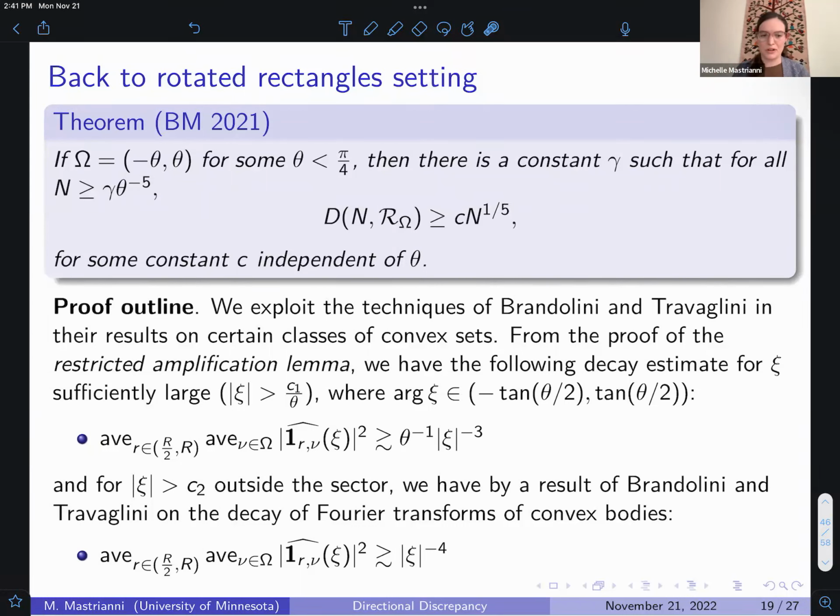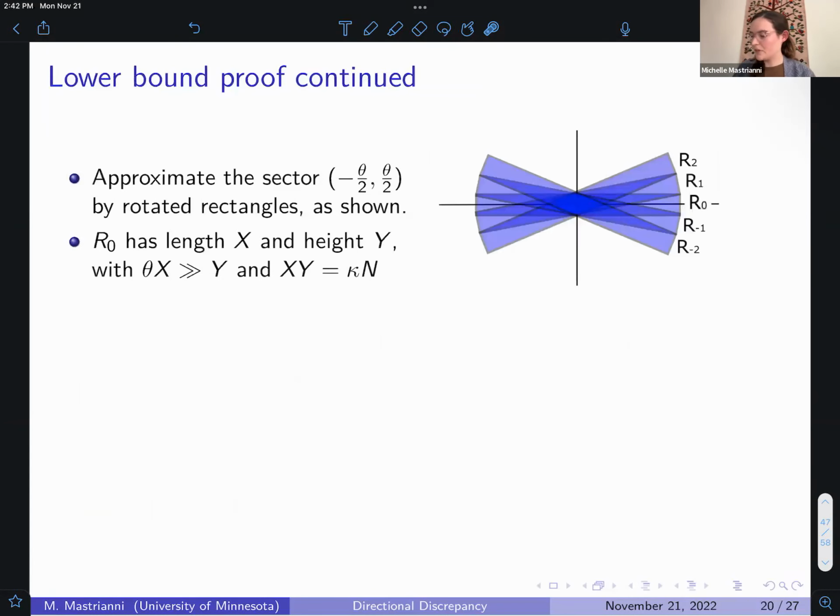This just holds for Fourier transforms of convex bodies in general. Okay, so now I'm going to transfer to the torus. So we're in discrete Fourier space now, but nothing really changes there.